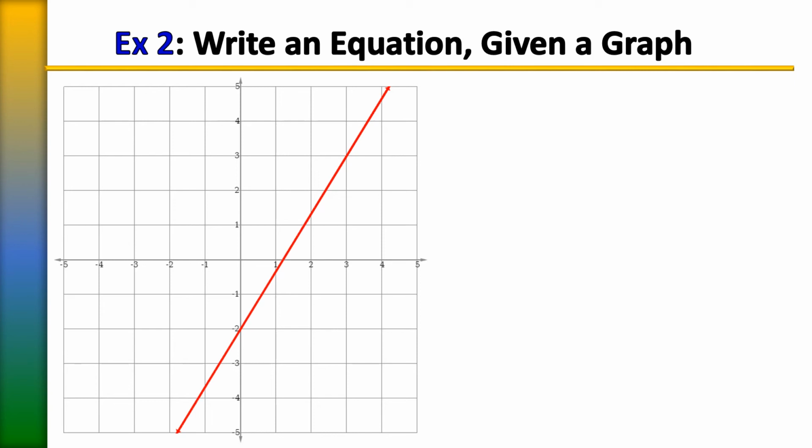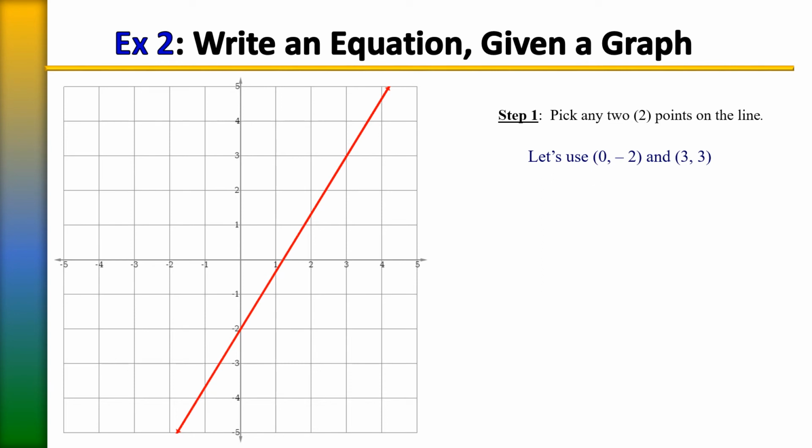So if at all possible, try to find whole numbers that you can plug in. You're going to find any 2 points on a line, preferably whole numbers, and plug them into the slope formula, because recall, you can plug any 2 points of a line into the slope formula to find the slope of that line.